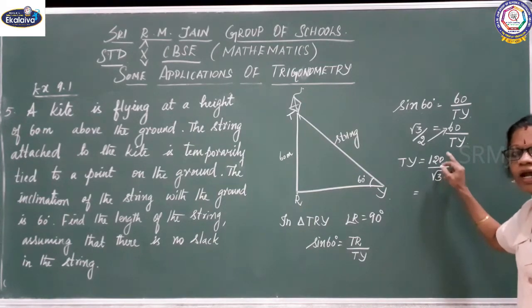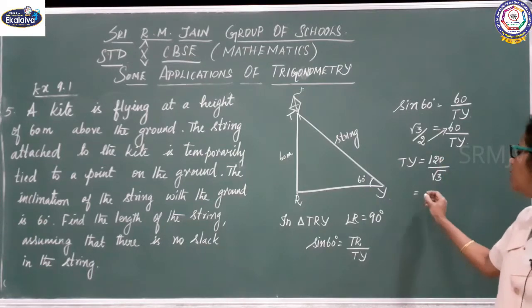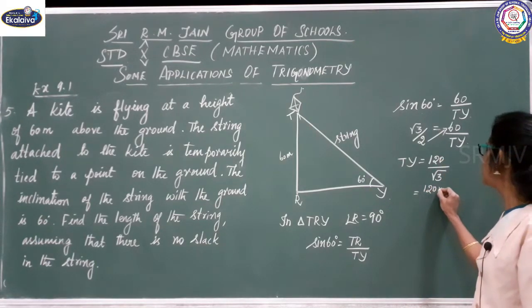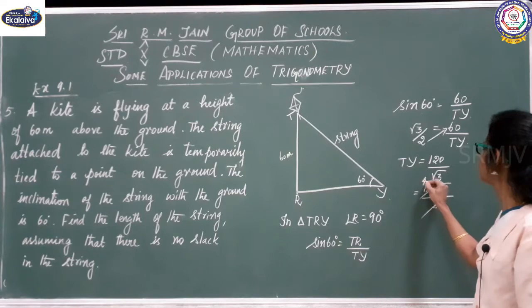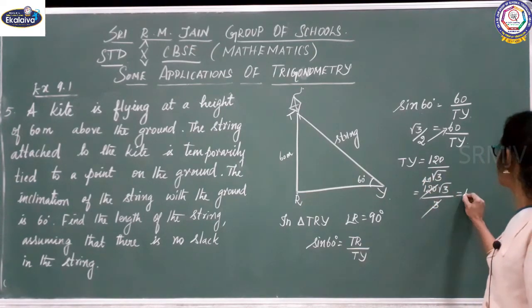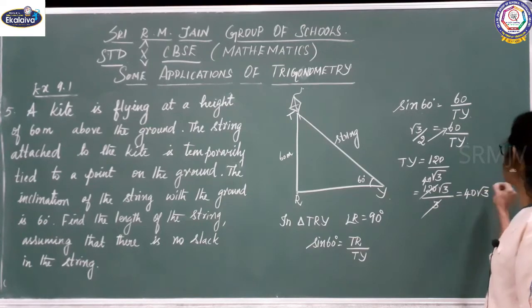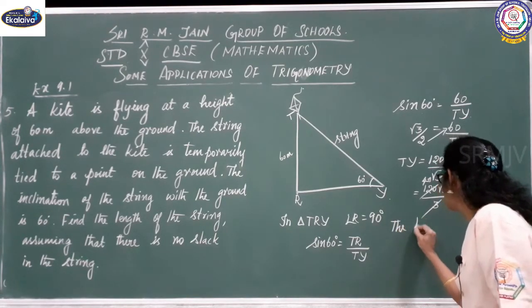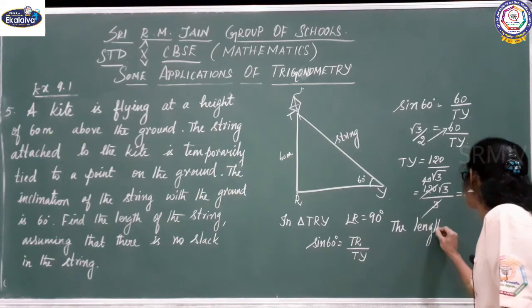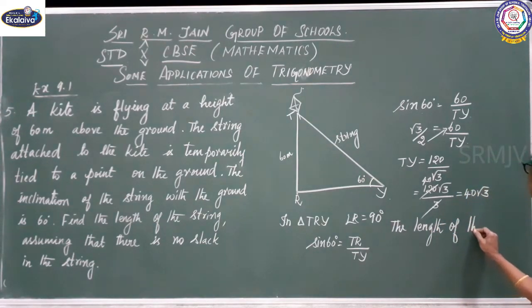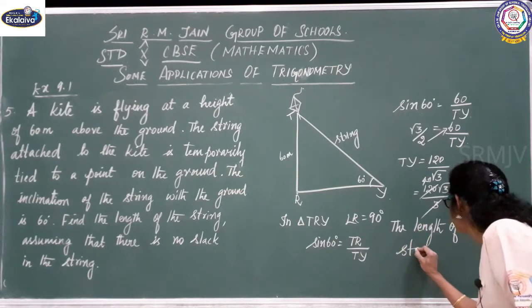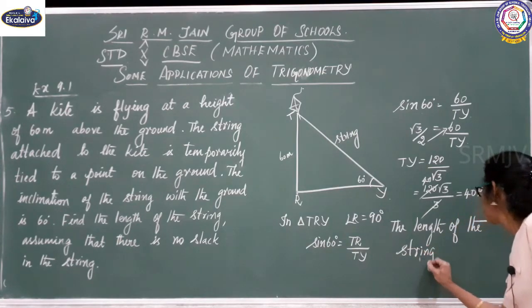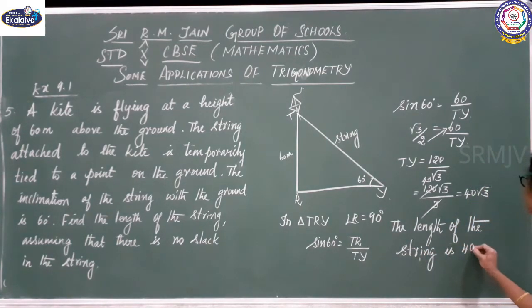Use this irrational number and multiply your numerator and denominator. So, what can you get? 120 root 3 divided by 3. 40 root 3. The length of the string is 40 root 3 meter.